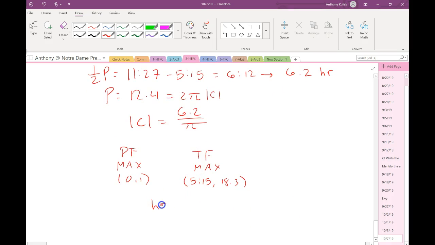So h is going to be just 5:15, right? But I don't want to write it as 5:15. I want to write it as a decimal again. And because I chose to write my first time in hours, I'm going to write this time in hours as well. 5:15 is the same as 5.25 hours.